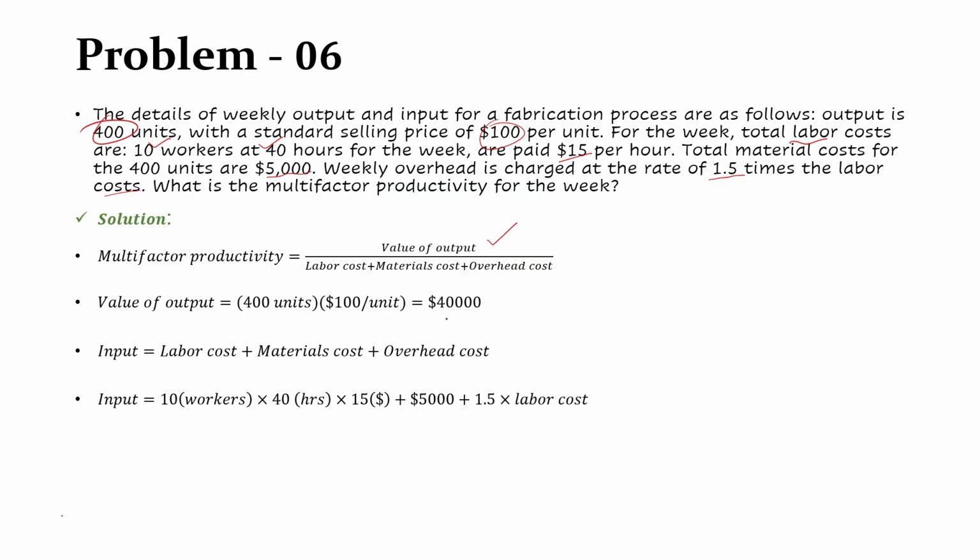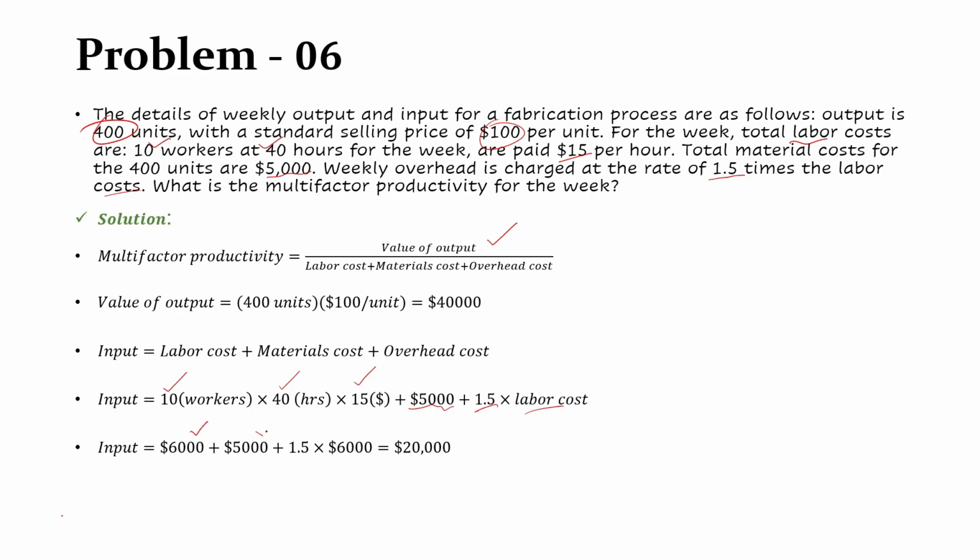In this case, we have 10 workers who work for 40 hours and workers are paid $15 per hour. We multiply these values and get our labor cost. The material cost is $5,000 and the overhead cost is 1.5 times the labor cost. Now we simplify the calculations and we have the labor cost as $6,000.